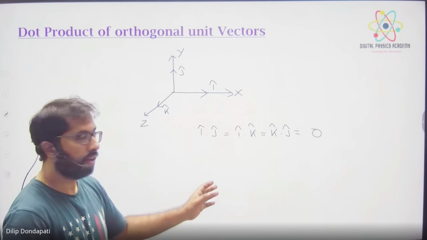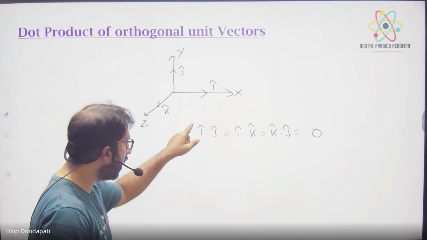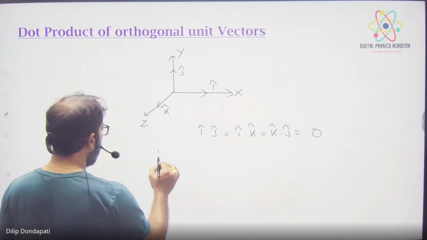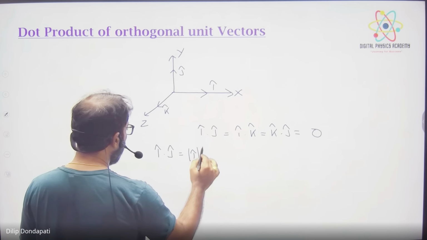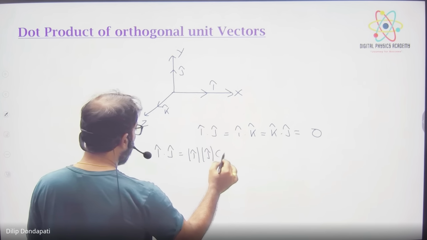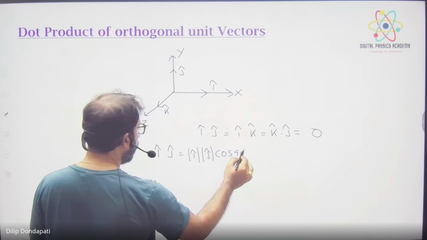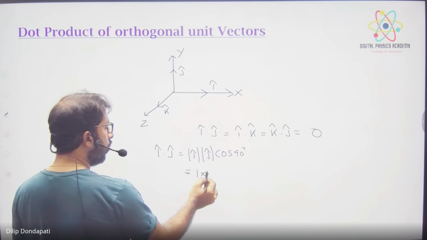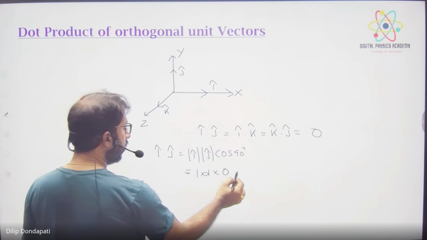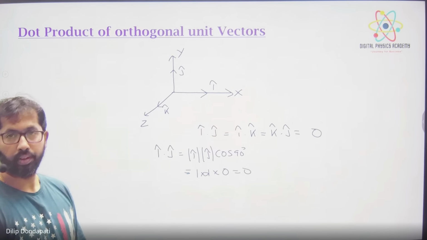Okay, see, these are unit vectors. Mod I, इसका meaning क्या है? I vector dot j vector, मतलब mod I, mod j, cos 90. देखो mod I is 1 only because unit vector का magnitude is 1, into 0. Right?